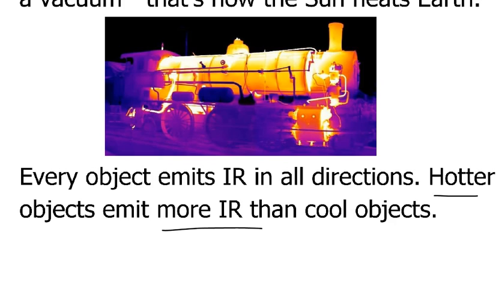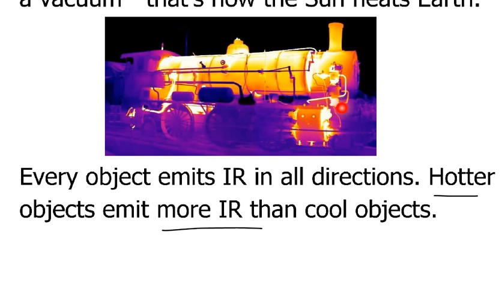This is a thermal image of a steam engine, basically a train engine. Okay, this is a working train engine. You can see it's really orange and yellow and red in here and white, right? So on the thermal image, that all means it's hot.